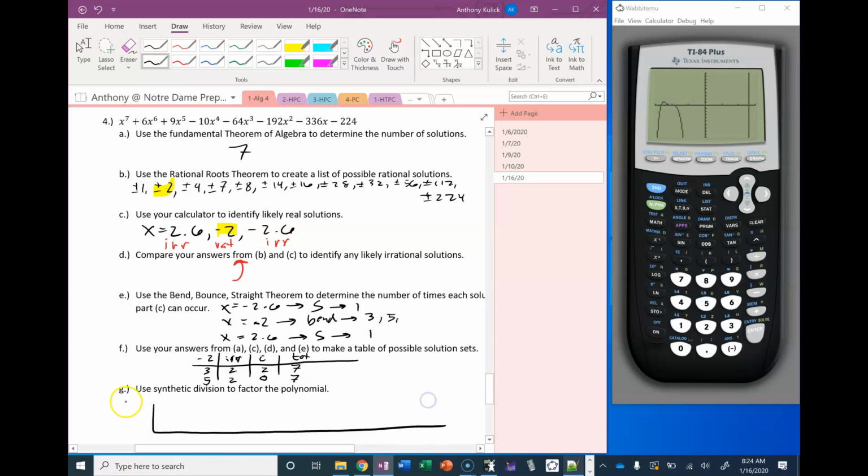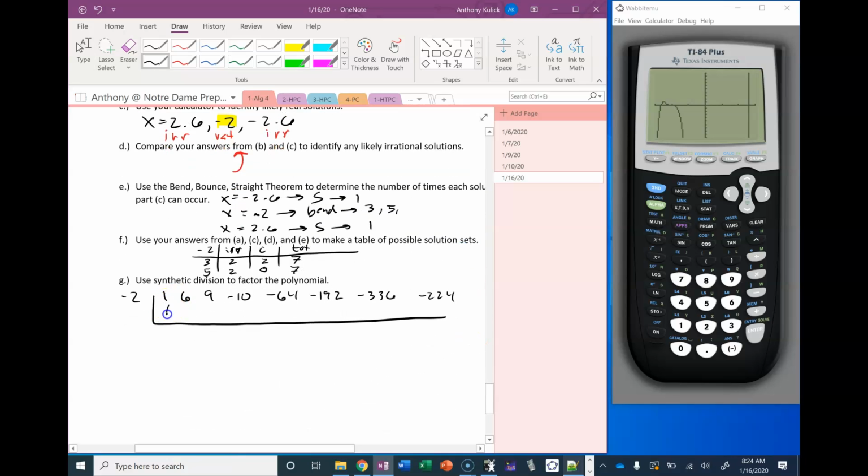Okay. So we'll start our synthetic division here. Okay. So that worked.